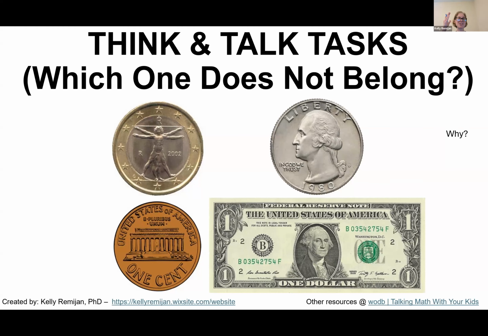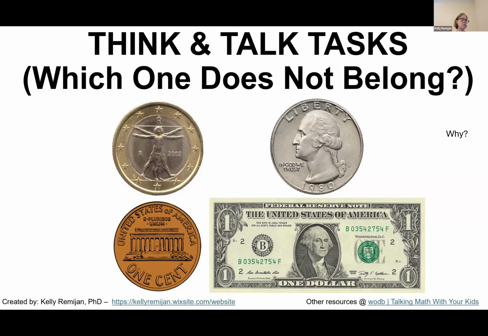S. Dexter says the bottom left is the only one without an image of a person. Okay, so the bottom left doesn't belong, and there again, the reasoning is that it does not have the image of a person. Interesting.